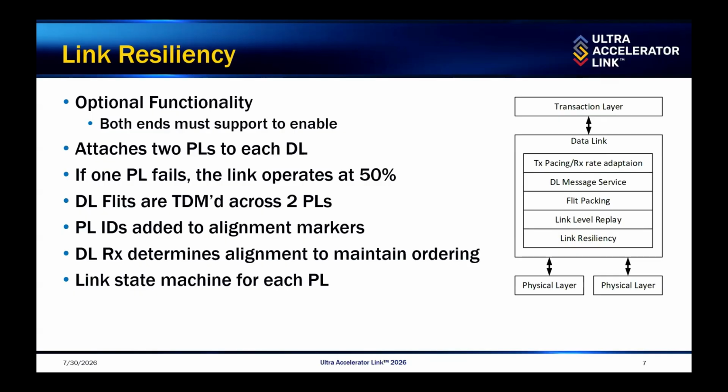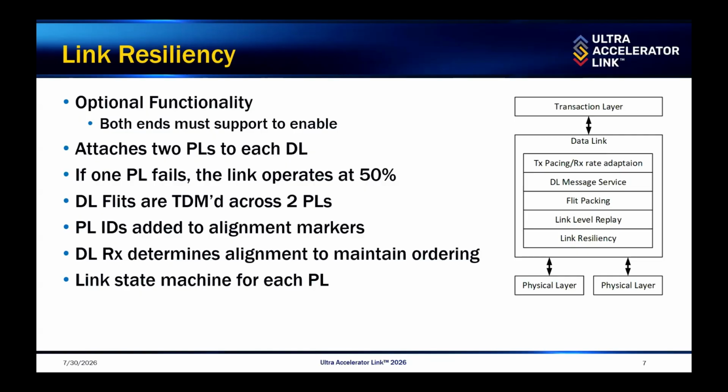As long as one of those physical layers stays up, then the link would be in an up state, and you could still run traffic, albeit at 50% throughput during the time that the one physical layer is down. And that gives a little more time to attempt to get the physical layer that has lost alignment recovered. You could go through more, potentially even do a link retraining as well as a CDR reset.